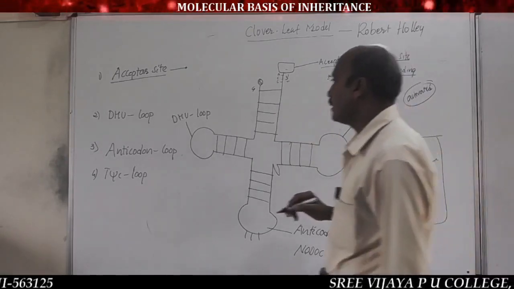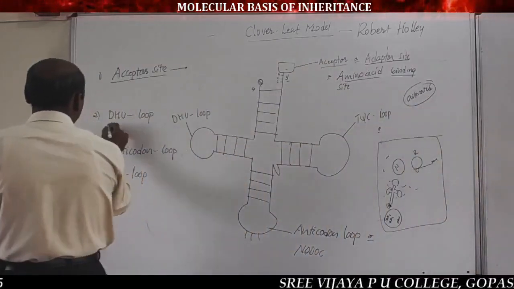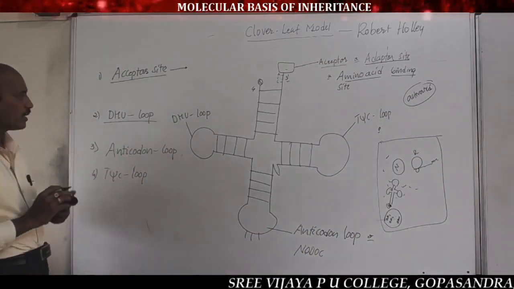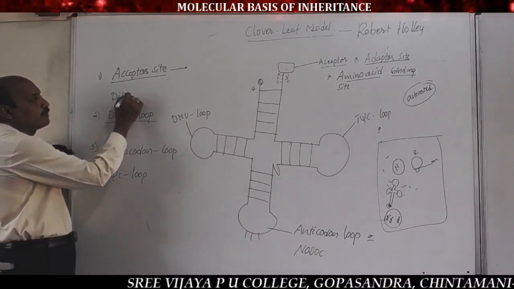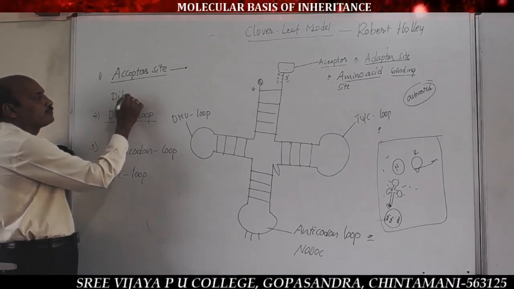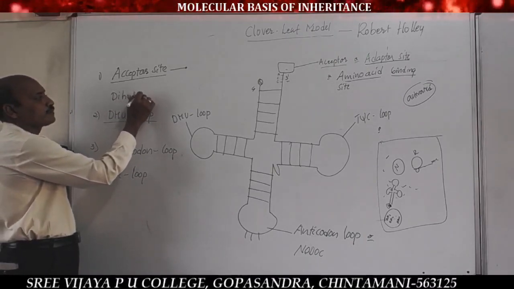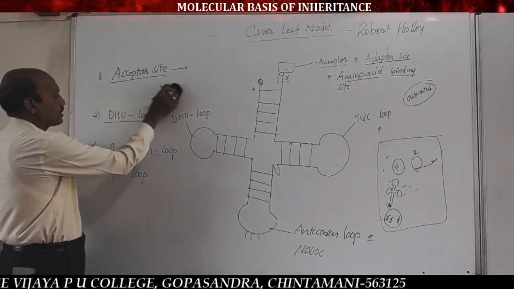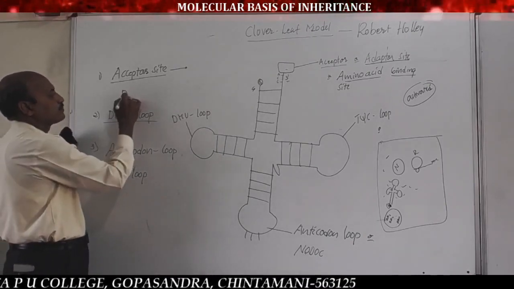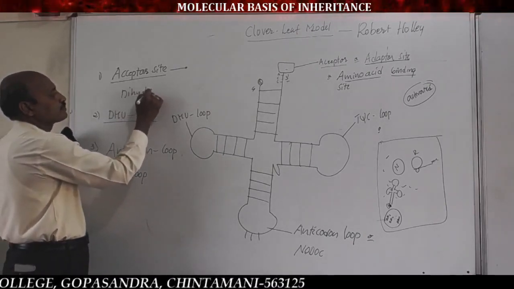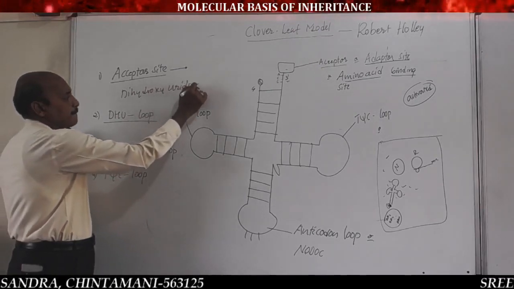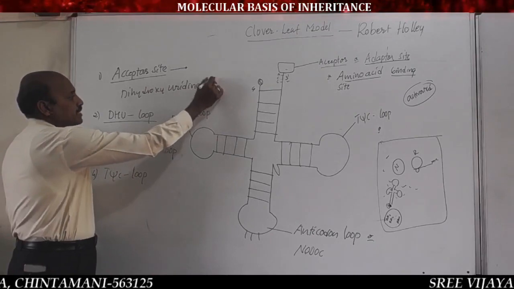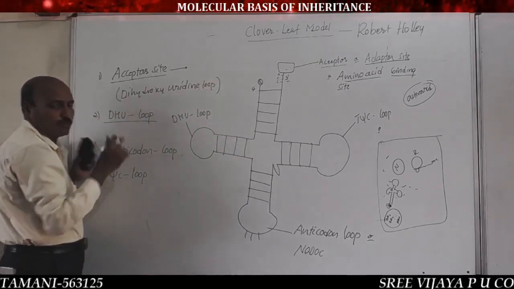And the second part is the DHU loop, dihydroxyuridine loop. Dihydroxyuridine loop is the full form of DHU loop.